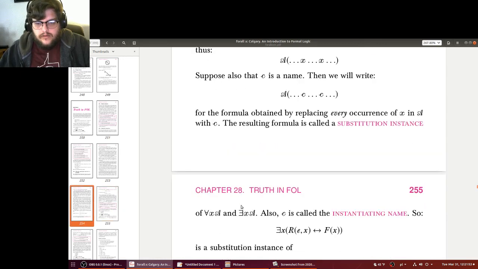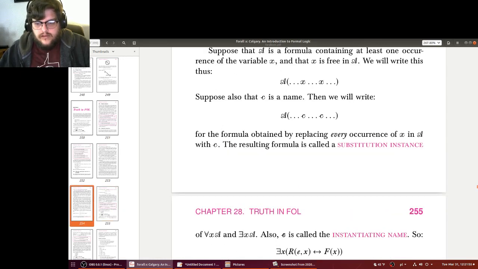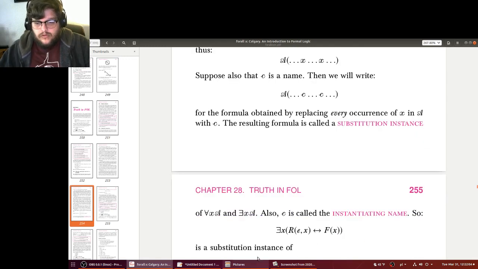For all x and there exists x. And c is what's called the instantiating name. That's a hard word to say. So here's an example. So this thing, there exists x, Rex if and only if Fx. Well, there's a variable in here, x, and that variable is bound to this quantifier. There is a name in there, e.